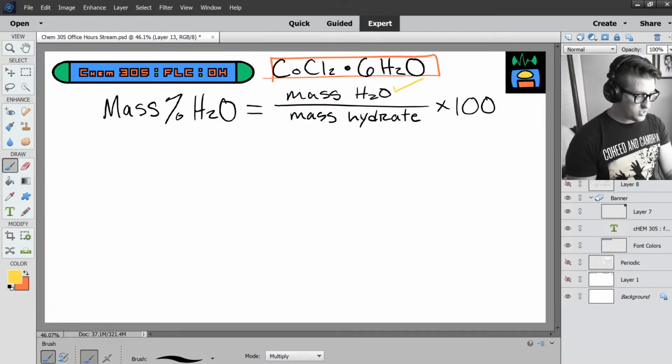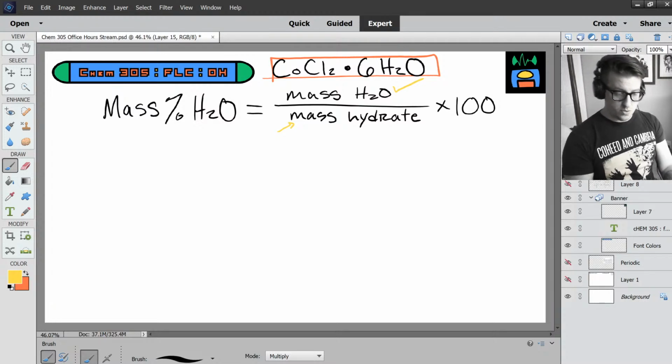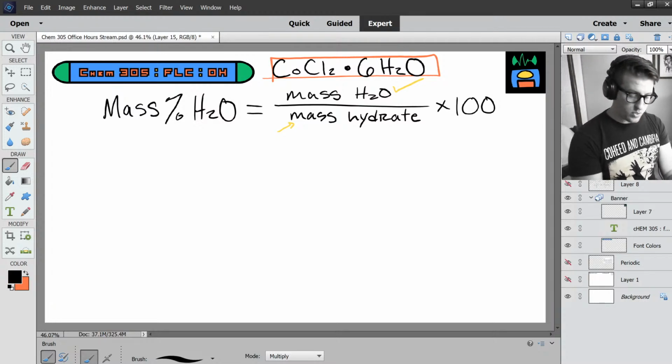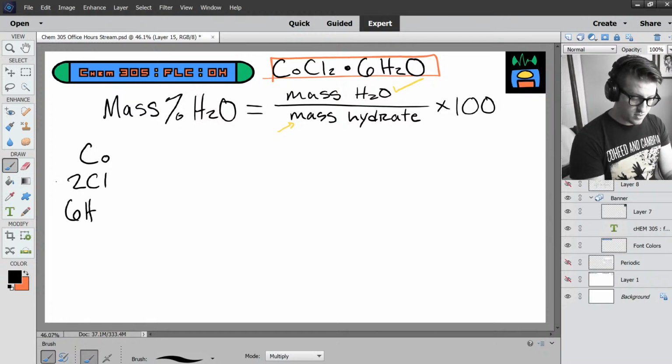We need to figure out the mass of our hydrate. So the mass of our hydrate is going to be cobalt plus our 2 chlorides plus our 6 water molecules. It's the whole tamale. And we actually already know what the mass of our 6 water molecules is equal to.